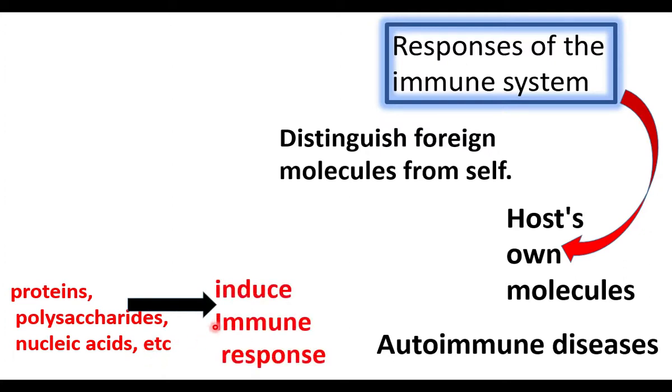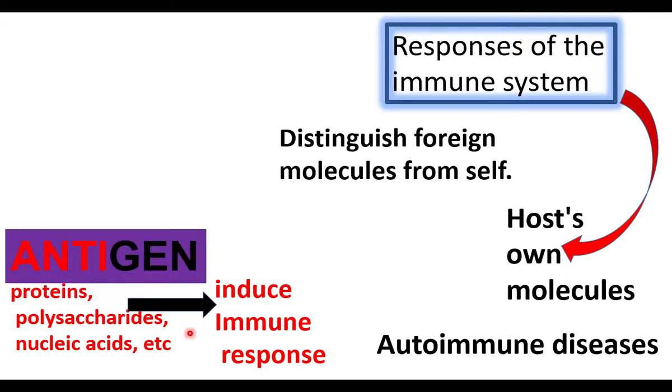The substances which induce immune response are called antigens. Antigens are foreign substances which induce immune response. There are many immune responses. One of the responses is production of antibodies.